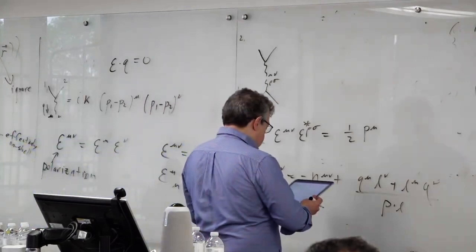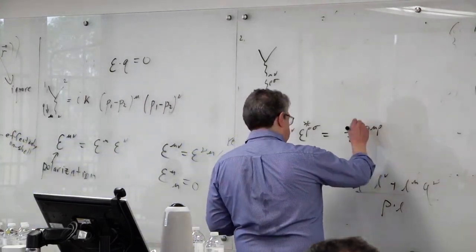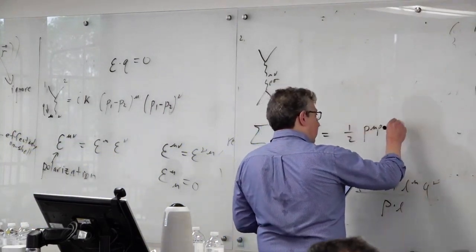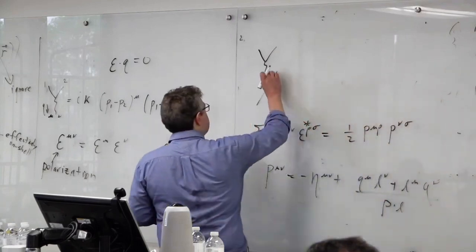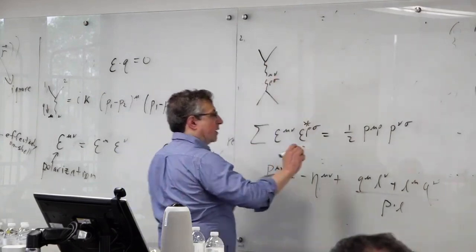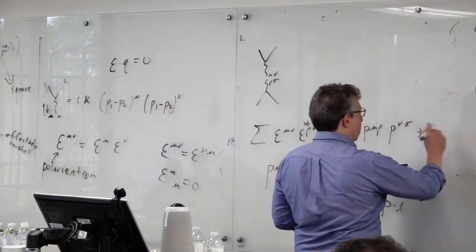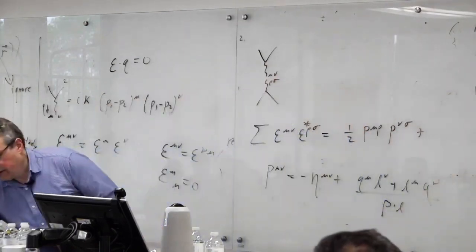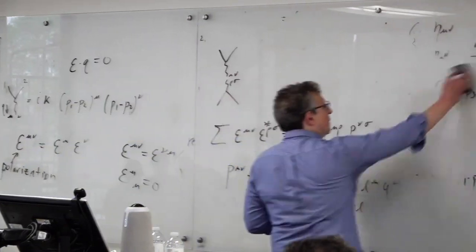So that's equal to P mu rho, P nu sigma. And I have to symmetrize it. Gravitons are traceless symmetric tensors. So I've got to symmetrize.